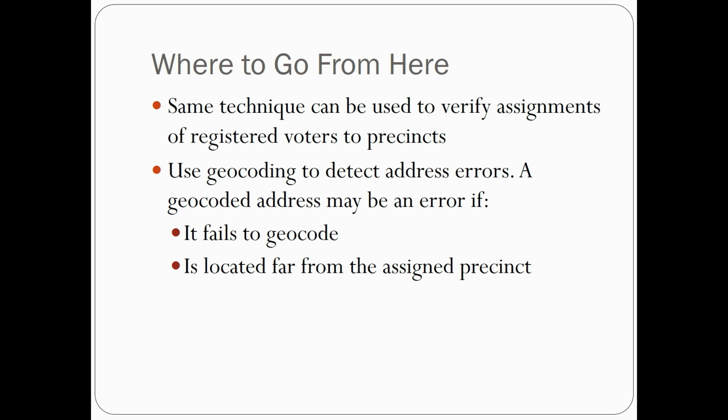It's not necessarily an error of the voter being in the wrong district; the address itself is in error. I think we could use this technique to identify address errors as well and help clean up those sorts of errors, which will make for better communication between election officials and voters.